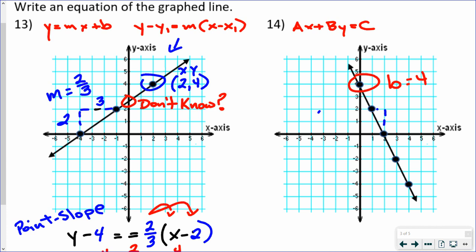By the way, the slope here is negative because the line's leaning to the left. So I rise 2 and I run 1. So the slope is -2. 2 over 1, it's negative because it's leaning to the left. And so for this one, to write the equation, I would just write y equals -2x plus 4. So that one's easier. So if you have the y-intercept, it's much easier to write it in slope-intercept form.